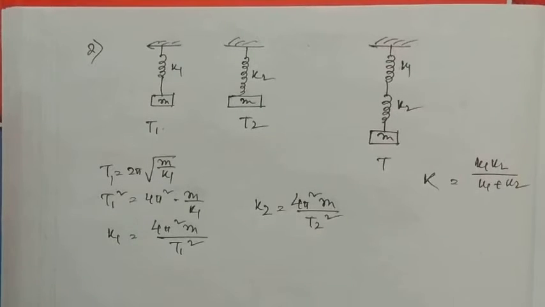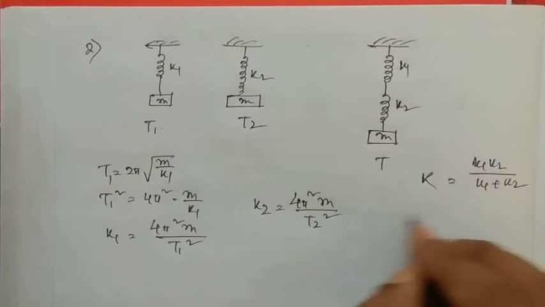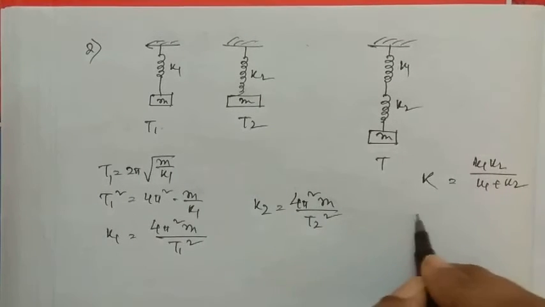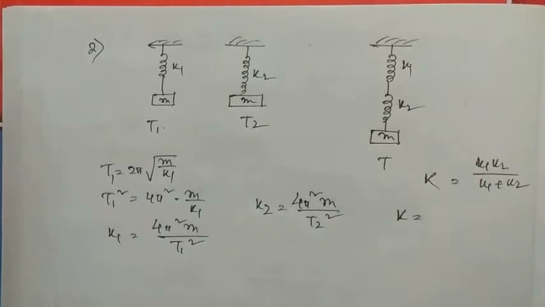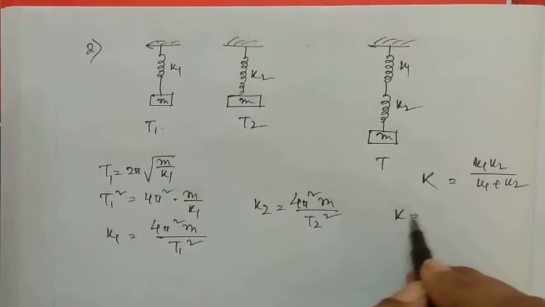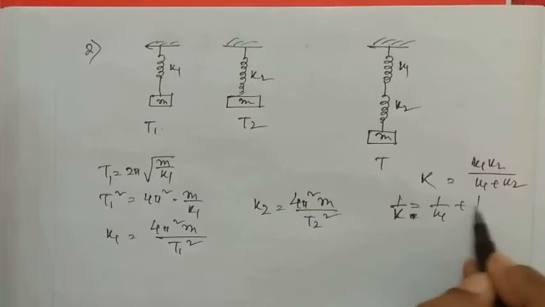Now replacing the formula here, we can write 1 by k is equal to 1 by k1 plus 1 by k2. We follow that formula, it will be much easier from that point of view.